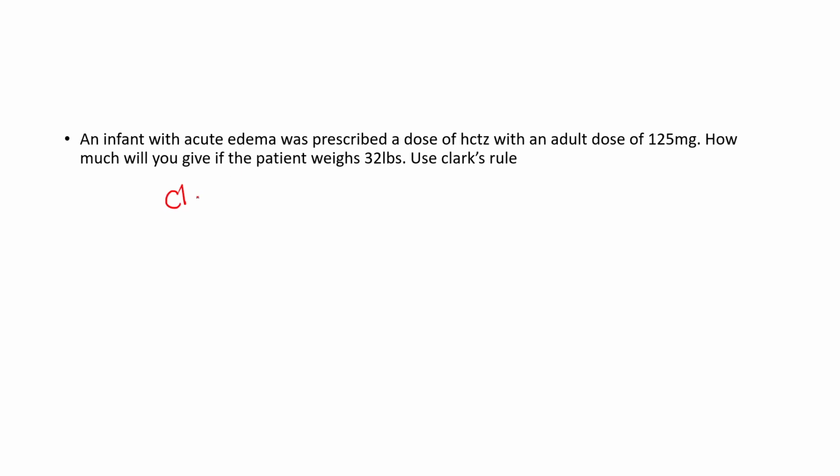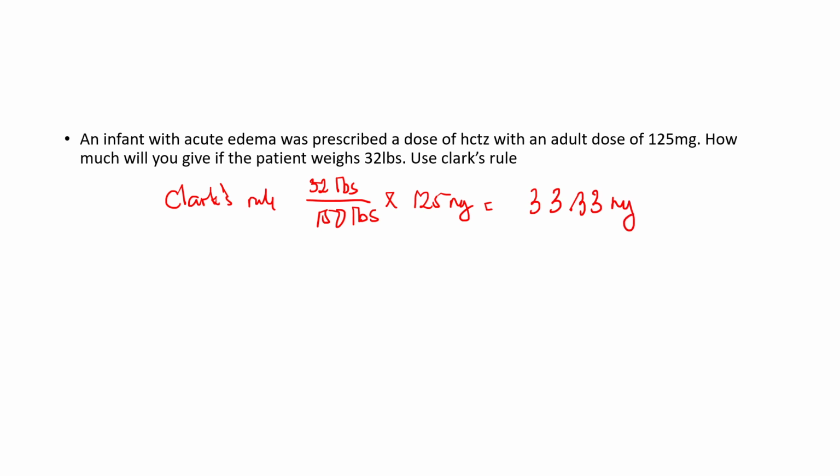So 32 pounds over 150 pounds times the adult dose, which is 125 milligrams. The dosing is 33.33 milligrams.